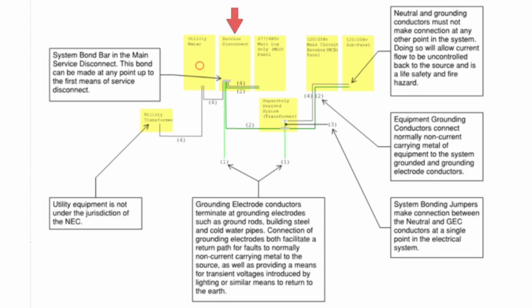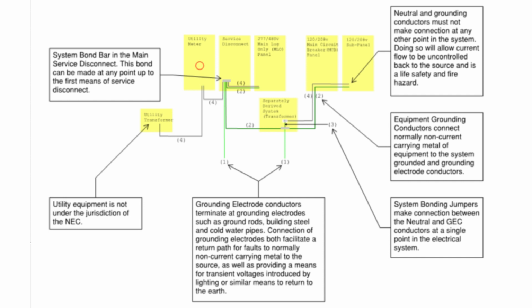And then we have a service disconnect switch, and at that service disconnect switch we are bonding our system. We have our grounding electrodes, equipment grounding conductors, and our neutral all landing on this system bond bar in our main service disconnect. And if there are no separately derived systems on premises, this would be the only place that we would bond.